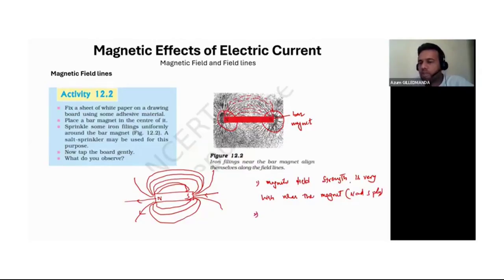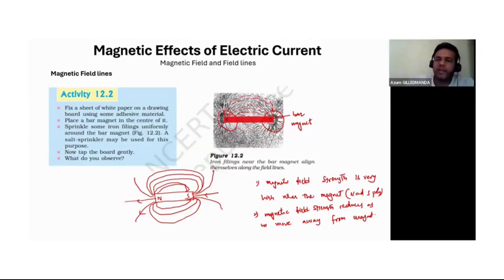And the magnetic field strength is low, we can say, reduces, right? It reduces as we move away from the magnet. Understood? So these are the behavior of magnetic field and also the magnetic field line.